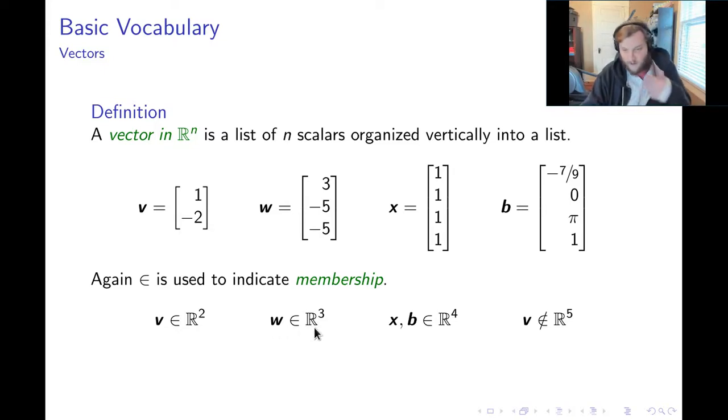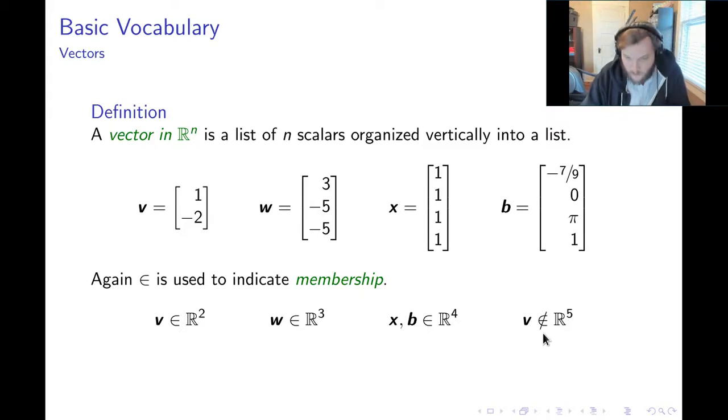This efficiently communicates that w had 3 numbers stored in it. The last 2 examples here, x and b, both stored 4 numbers, so we would write x comma b fancy E R4 to communicate that x and b were vectors in R4, meaning that they stored 4 numbers.